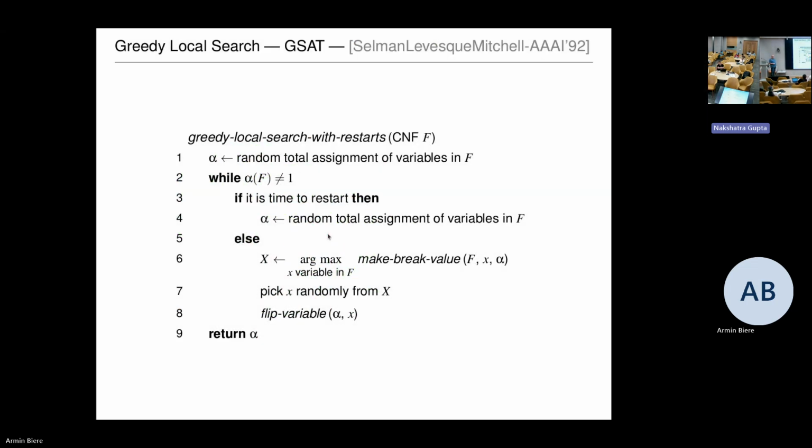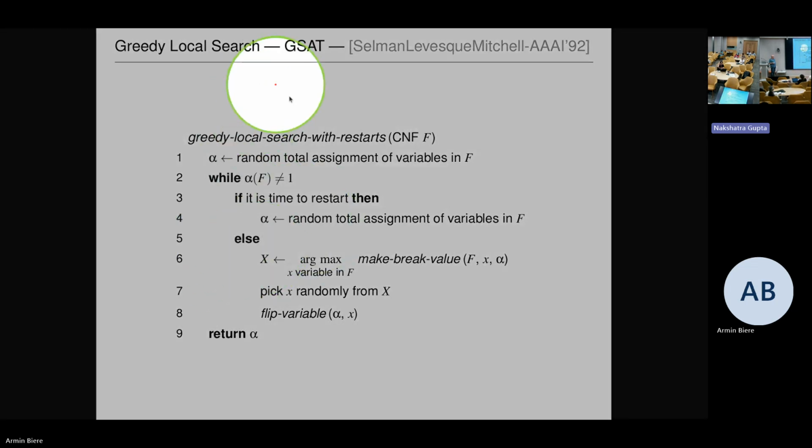Is it still PAC? I think it's not, but I didn't find it in the literature. Holger Hoos has some elaborate discussion on this, but for GSAT he doesn't have it. Practically, they kept this restart because it works way better, so there's an empirical hint that you need this to get it back.